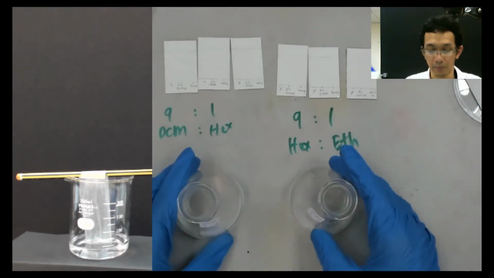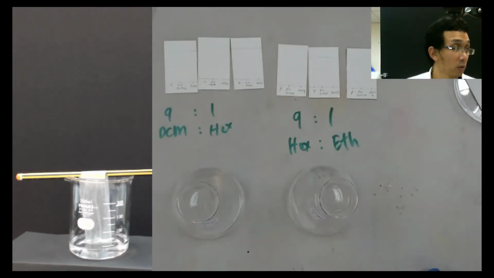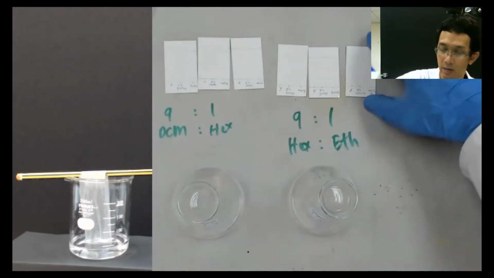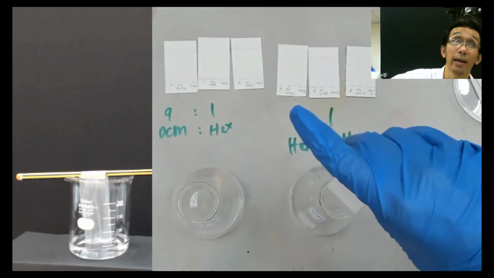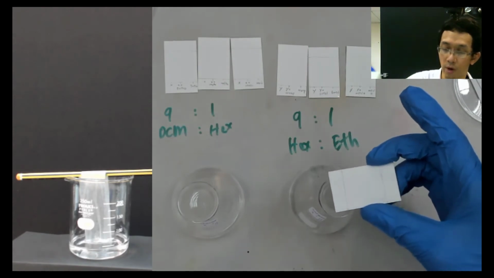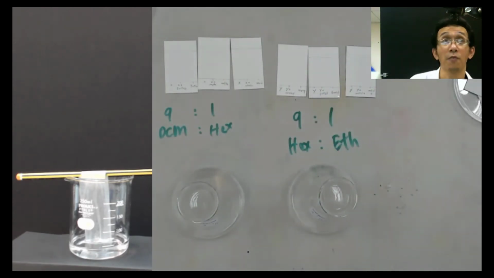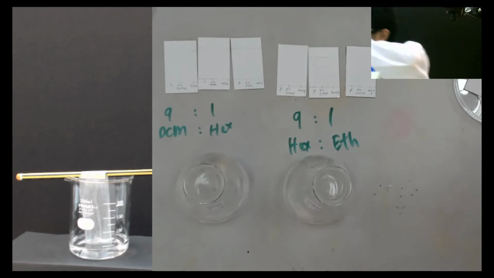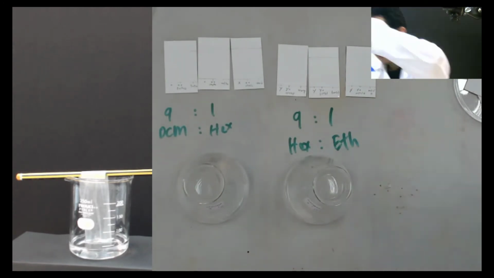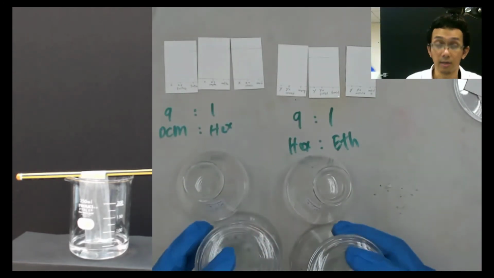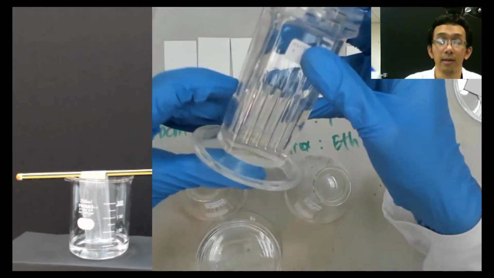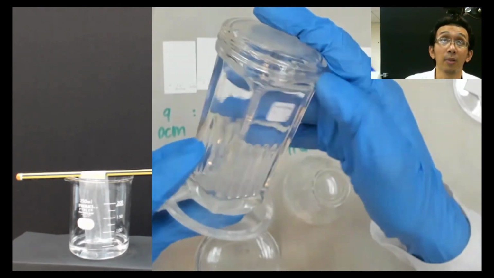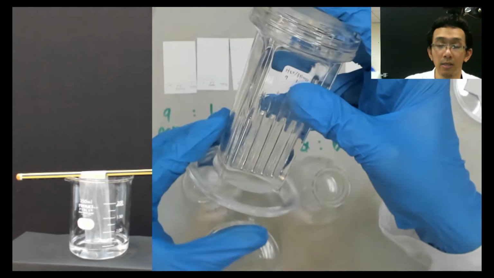Okay, so what to do next is that we want to put this into a developing chamber, because I cannot put this inside, because this is square. So we have what we call a developing chamber. So this is what it looks like.